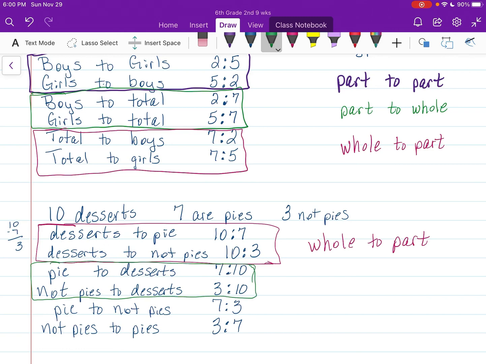Notice I didn't use total there, right? We used desserts, what we were actually talking about. But in our heads, we know that that is our total, right? So these will be our part to whole. And then part to part.